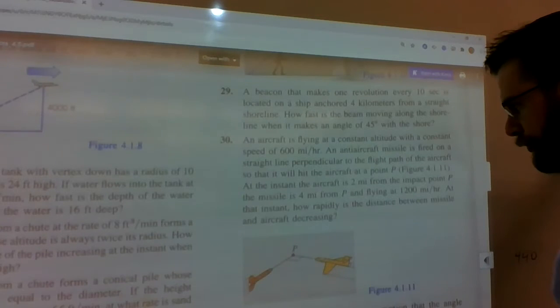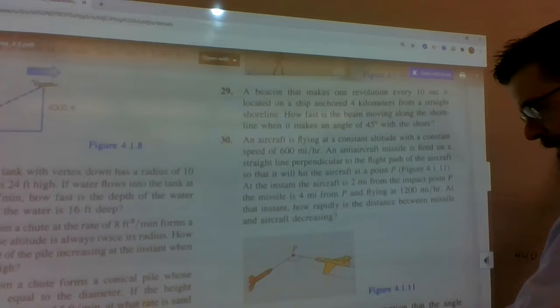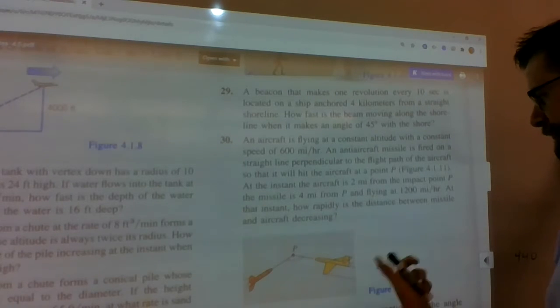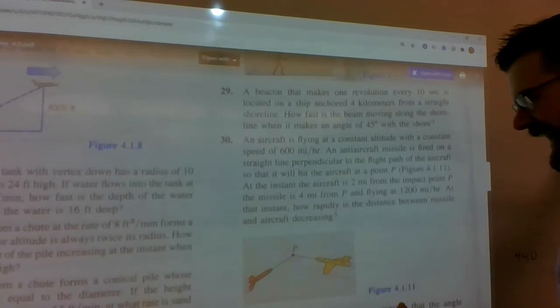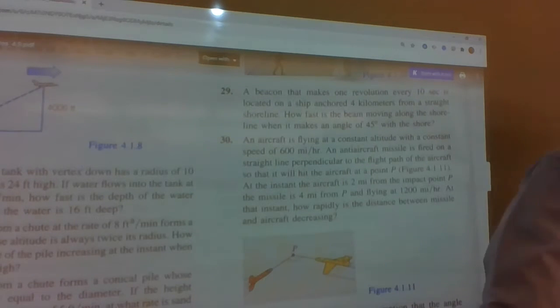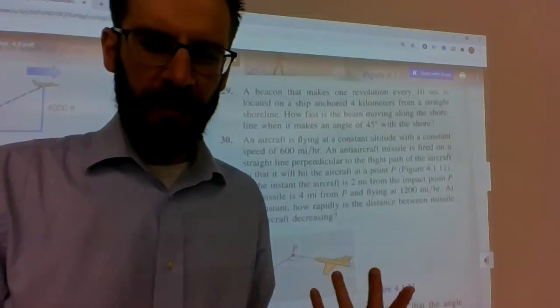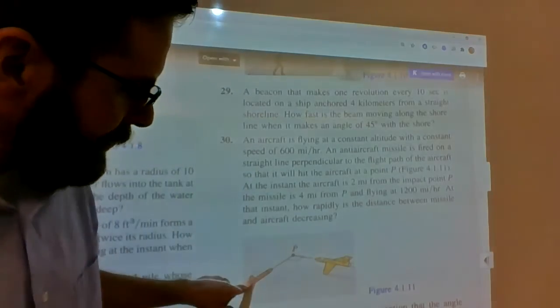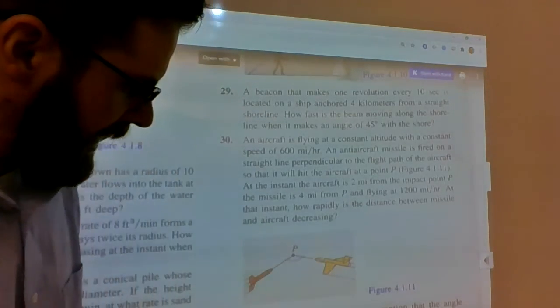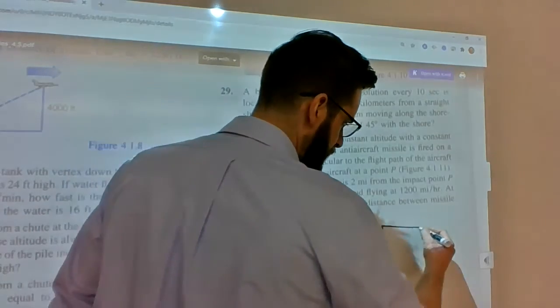An anti-aircraft missile is fired upon a straight line perpendicular to the flight. So here we go. Here's the anti-aircraft missile. Here's the aircraft at a point P. At the instant the aircraft is 2 miles from the impact point, the missile's 4 miles from the impact point, and flying at 1,200 miles per hour. At that instant, how rapidly is the distance between the missile and aircraft decreasing?